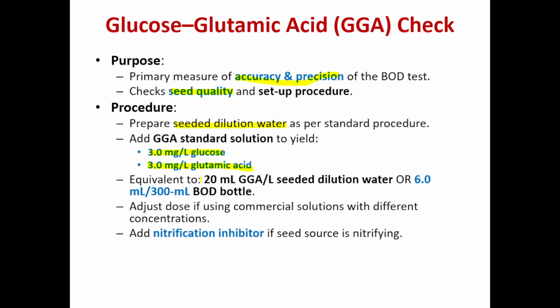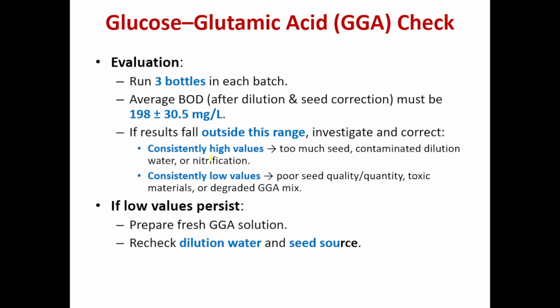It is equivalent to 20 ml GGA per liter seeded dilution water, or 6 ml per 300 ml BOD bottle. Adjust doses if a commercial solution with different concentration is available. Add nitrification inhibitor if the seed source is nitrifying.